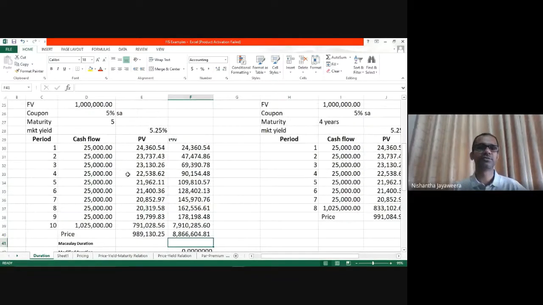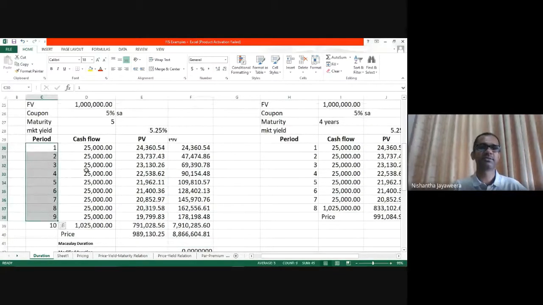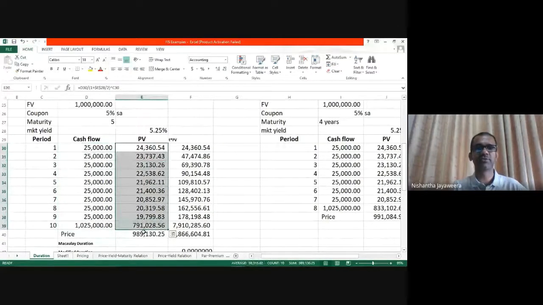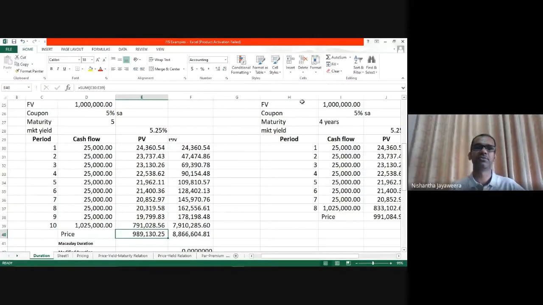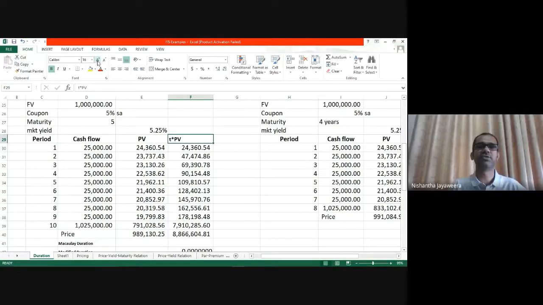What do we do? Time periods, calculate the cash flows, calculate the present value of all cash flows, sum them up. This is the price. That part is clear now.